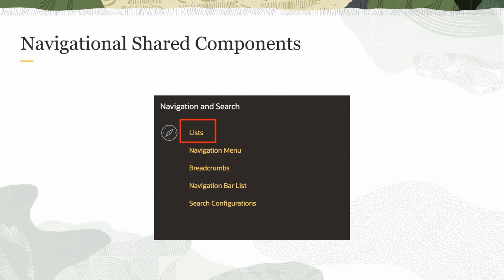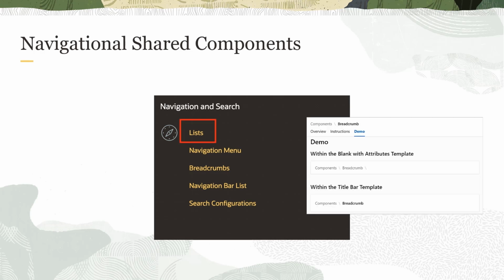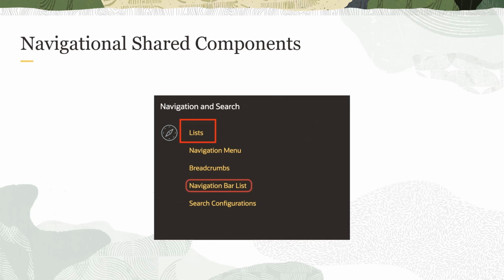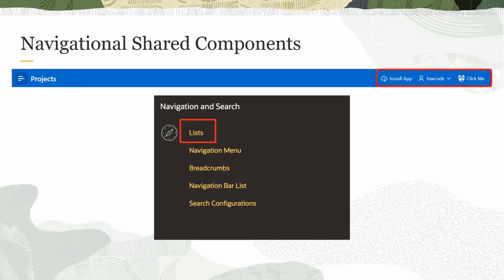Breadcrumbs. Breadcrumbs provide users with hierarchical navigation. A breadcrumb is a hierarchical list of links that display using templates. You can display a breadcrumb as a list of links or as a breadcrumb path. Navigation bar list. Navigation bar entries offer users a simple navigation path for moving between pages in an application. The location of a navigation bar depends on the associated page template.